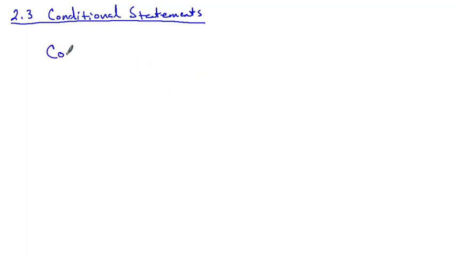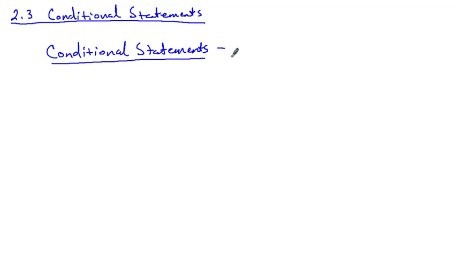So let's start by defining a conditional statement. A conditional statement. The word conditional means that there are conditions, right? The easiest way for us to think about a conditional statement is that it is an if, then statement.